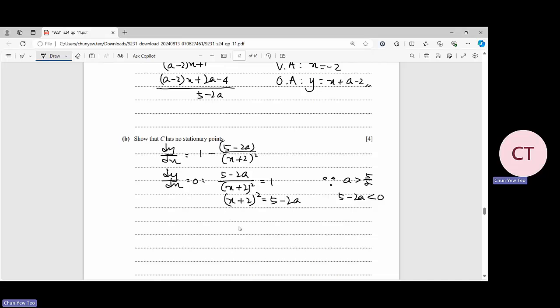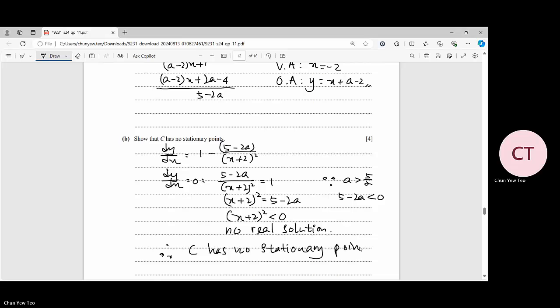So from this reason, (x plus 2) squared is negative, which means no real solution. Therefore, C has no stationary point. Okay, so we have shown that C has no stationary point.